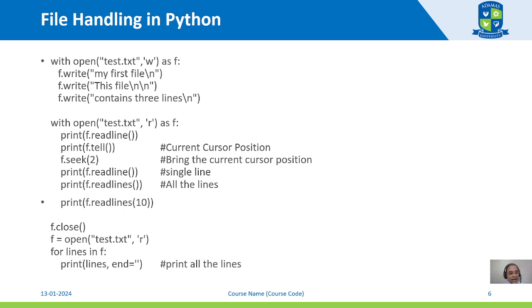Then f.close is a function which closes the streaming of the cursor. Then again we can open f is equal to open test.txt in read mode R.